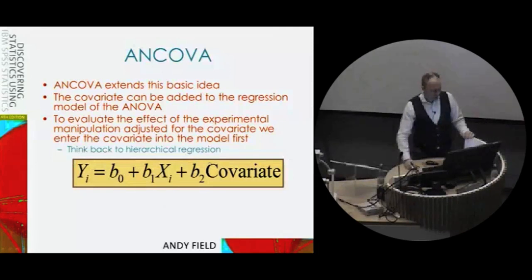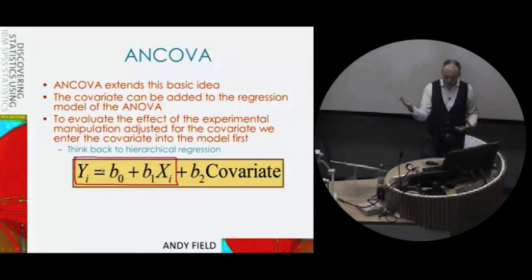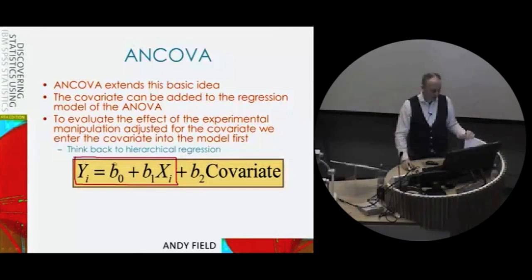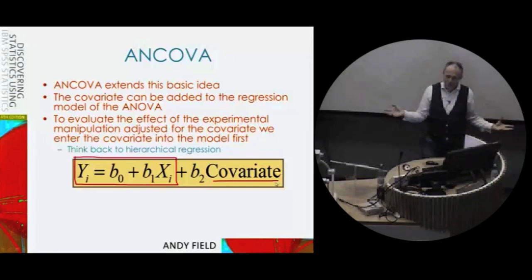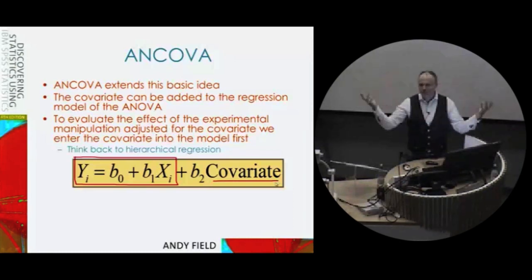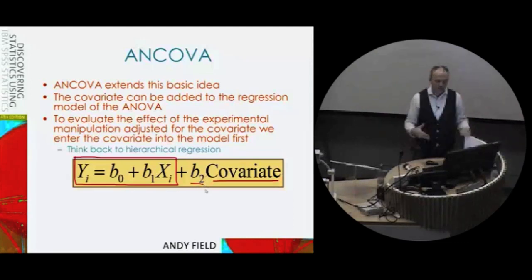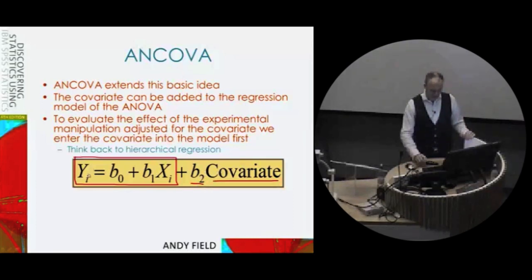So what we had to begin with was this. We had an outcome predicted from one predictor, etc. When we do an ANCOVA, all we're doing is adding in this other variable that we've measured, the covariate. And as with any linear model, we've done this to death, we just attach a beta to it. And that beta will tell us something about the relationship between the covariate and the outcome.